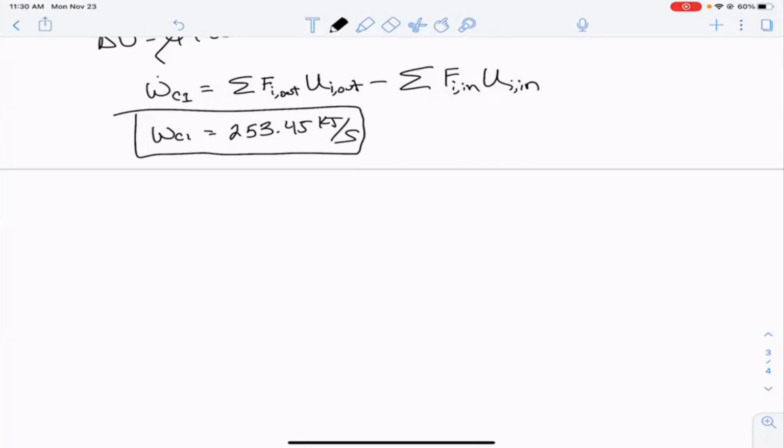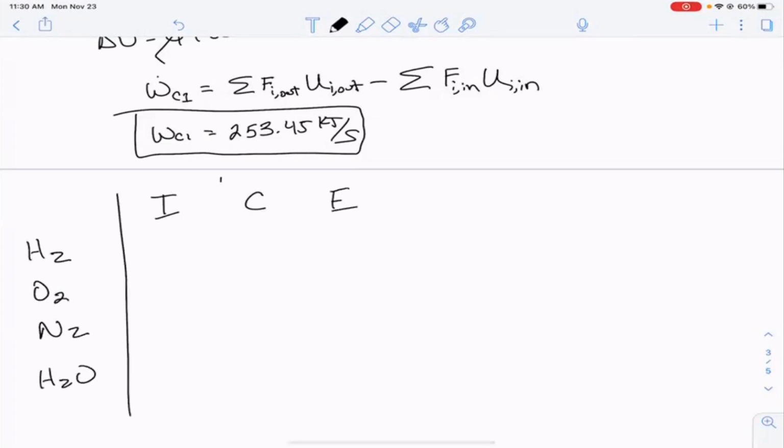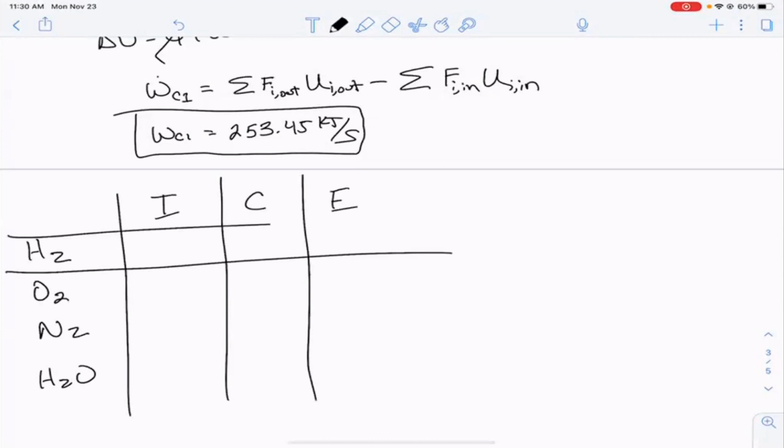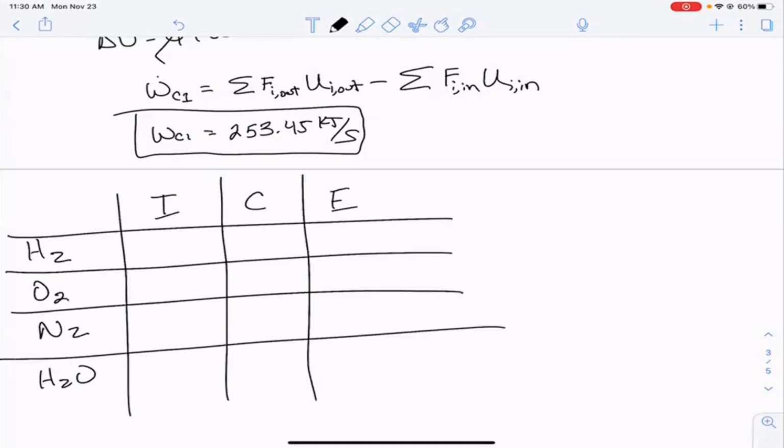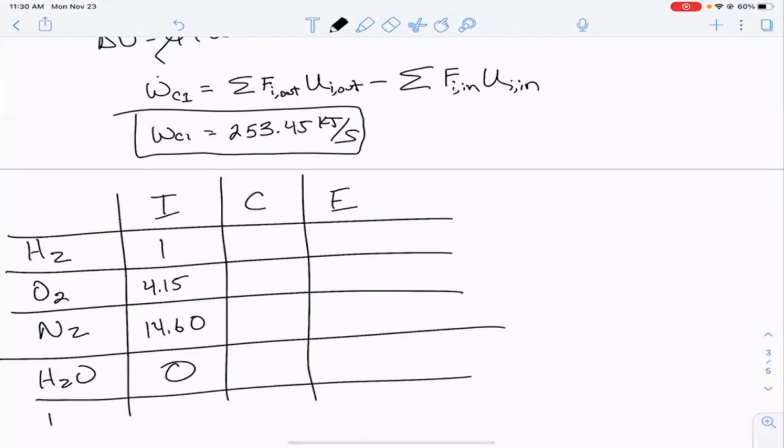But we know that for our ICE table, we have hydrogen, oxygen, nitrogen, and water, right? And entering, we know that that's 1. We know oxygen was 0.5 plus 3.65 that we fed in with the air. We solve for that, and there's no water at the beginning. So at the beginning, this is 19.75 moles per second.